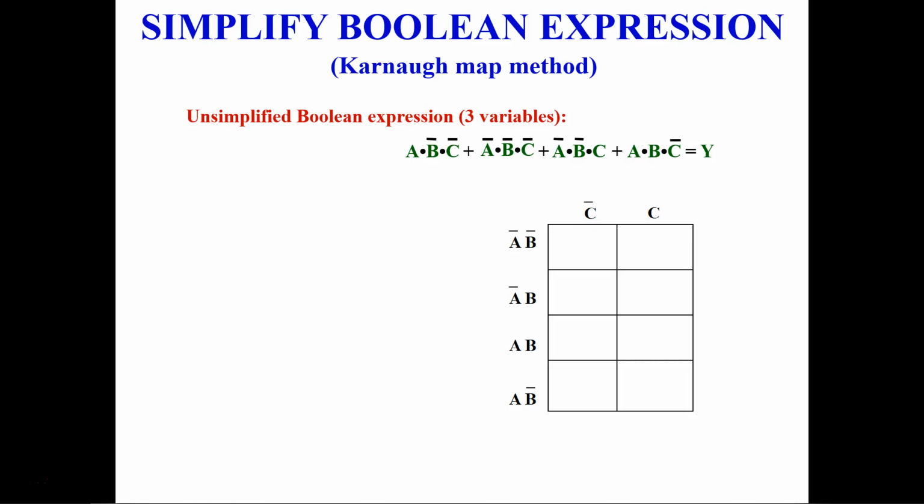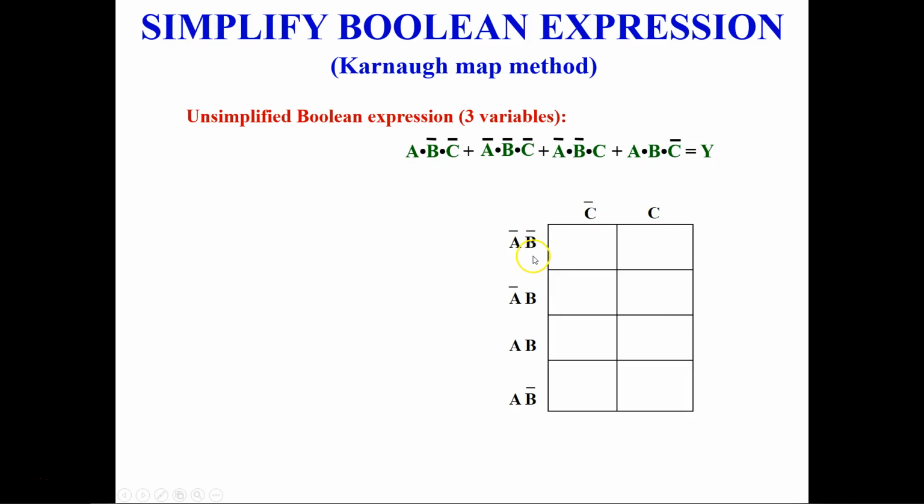Using the K-map, the expression simplifies very easily, and it's very frequently used to simplify the Boolean expression. Right now we are dealing with 3 variables, A, B, and C. If you want to make a Karnaugh map using 3 variables, it should look something like this.